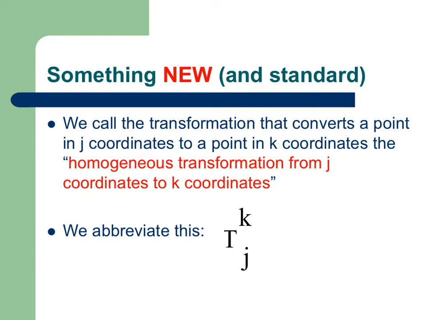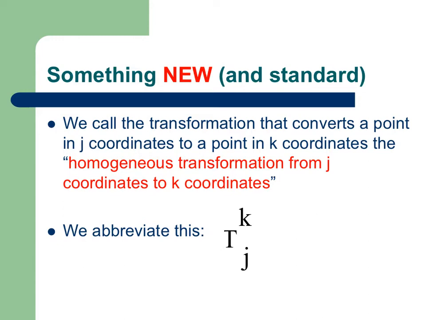So let's talk about something that I didn't make up. We're going to start talking about homogeneous transformations, and we abbreviate it like this. It's the homogeneous transform from J coordinates to K coordinates. And this is what we're going to refer to when we talk about looking at two coordinate frames.